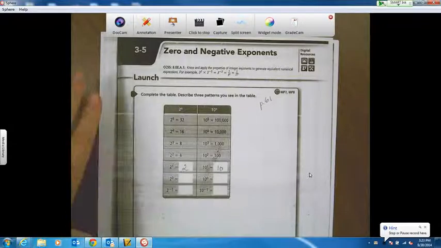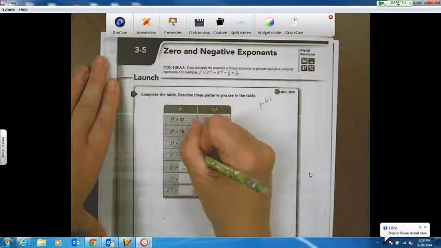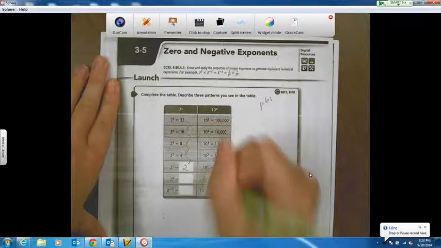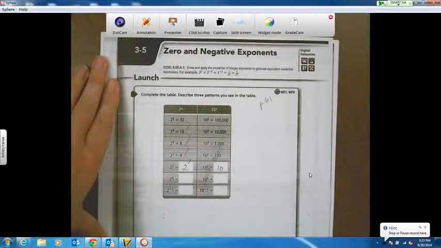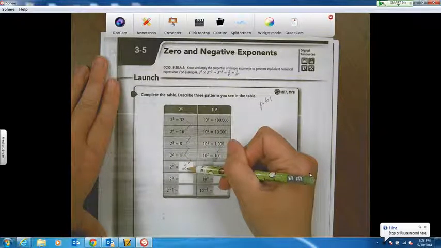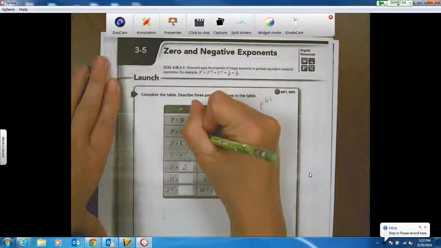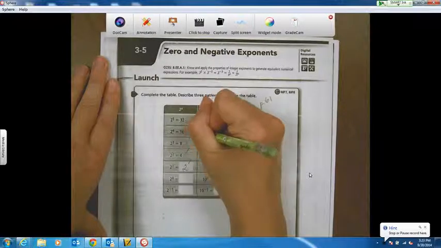If I look at 32 to 16, 16 to 8, 8 to 4, and 4 to 2, I want to think about what's happening between each of those sets of numbers. Especially when I see these smaller ones, 8 to 4 to 2, I'm pretty sure they're dividing by 2. So 32 divided by 2 is 16, 16 divided by 2 is 8, 8 divided by 2 is 4.